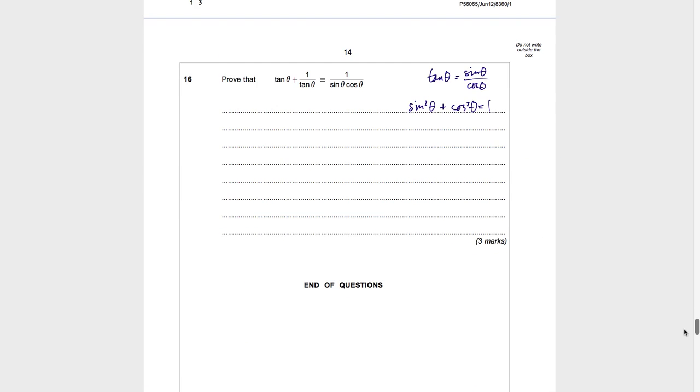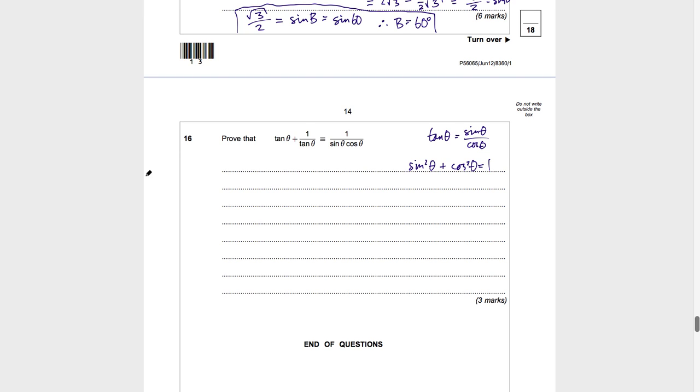So going back to this question, I can see in here there's no squaring going on. There's nothing squared, so I'm going to try and use this throughout. So tan theta, rewrite it as sine theta over cos theta.